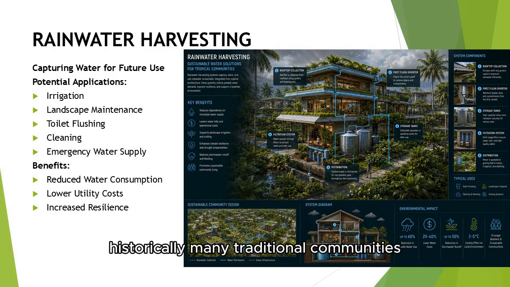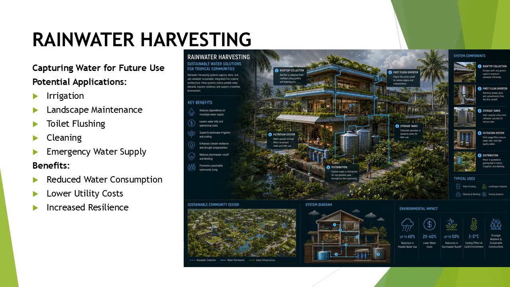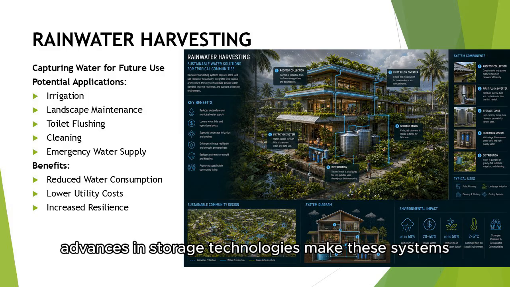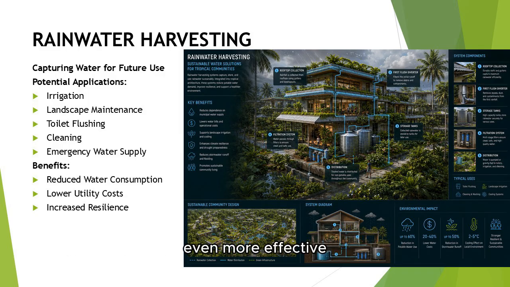Historically, many traditional communities relied heavily on rainwater harvesting systems. Today, advances in storage technologies make these systems even more effective. As climate variability increases, decentralized water systems will likely become increasingly important in tropical architecture.